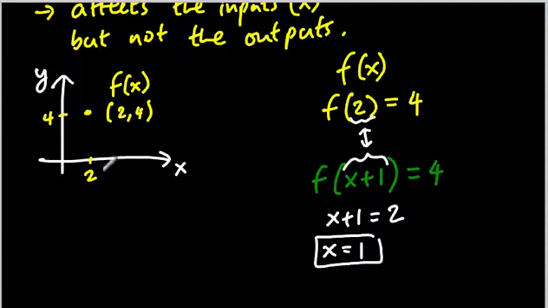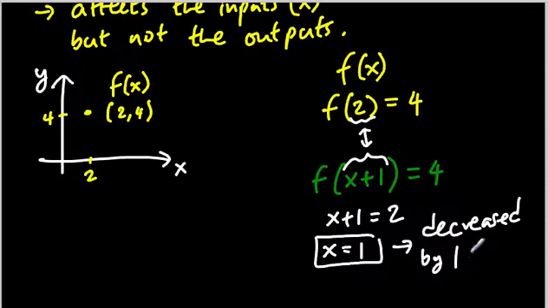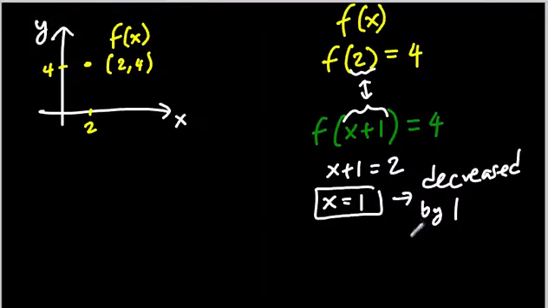Previously the coordinate was a value of 2, but now it has decreased to a value of 1, by 1. Or if the value was x equals 2 before, now it's x equals 1.